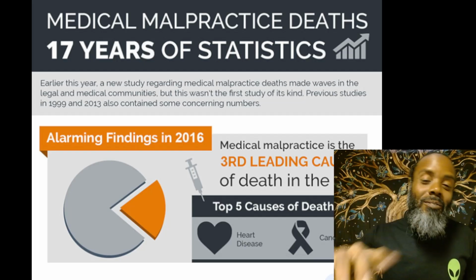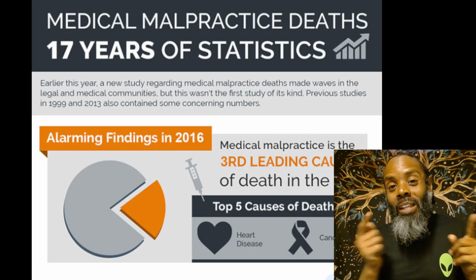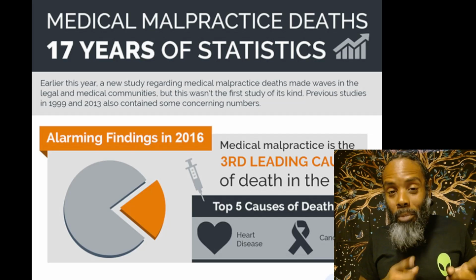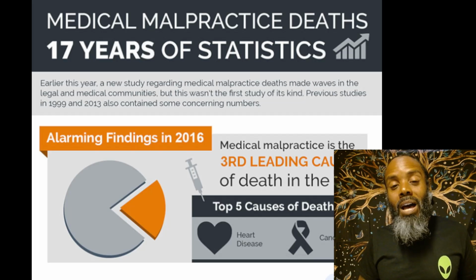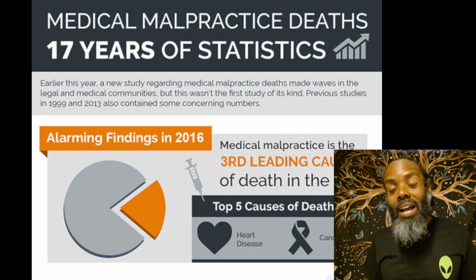Number 3. Now, on both of the lists I've showed you of the top causes of death worldwide, number 3 was COVID, coronavirus. I told you that was a lie. And it is.